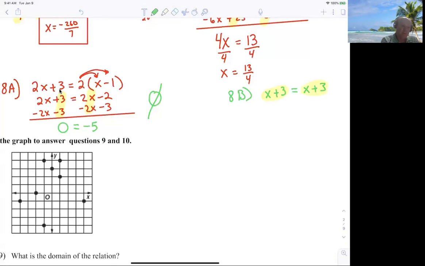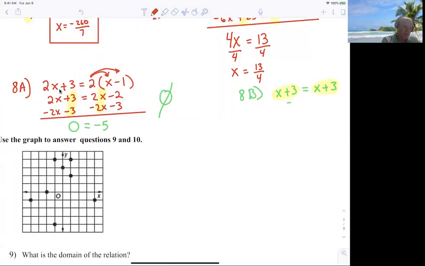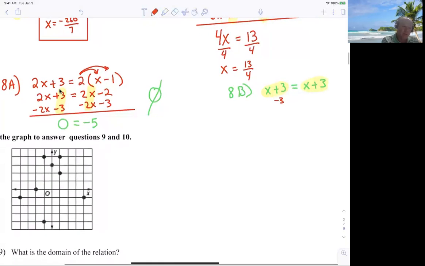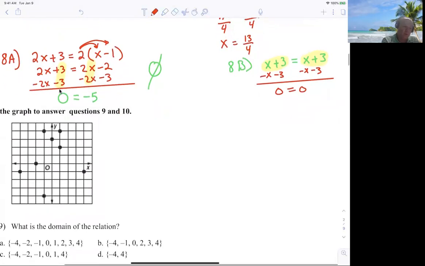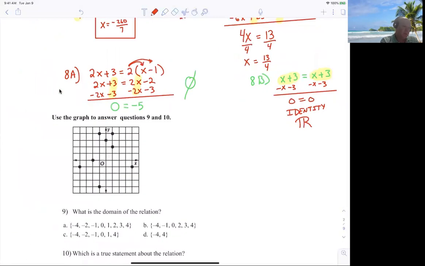If you forgot, you would do minus 3, minus 3, subtract x, subtract x. In this case, you would end up with 0 equals 0. So you would say this is an identity. And because it's an identity, we say it's all real numbers. All real numbers. Again, those are the two that I want you to write down to make sure that you are listening to the video.